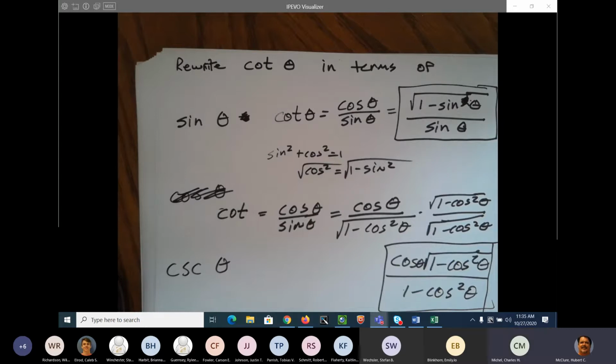I have a quick question. Yes. So when it asks us to write, let's say, cotangent in terms of sine, cosine, and cosecant, that means we have to change all of the identities in terms of whatever term you need? Yes, sir. Okay, thank you.